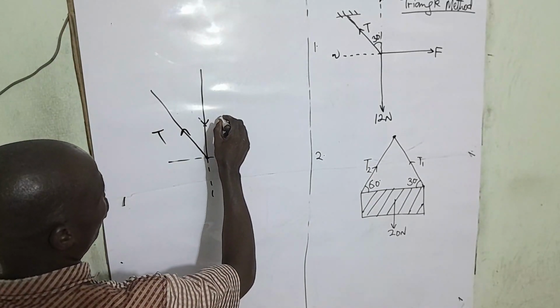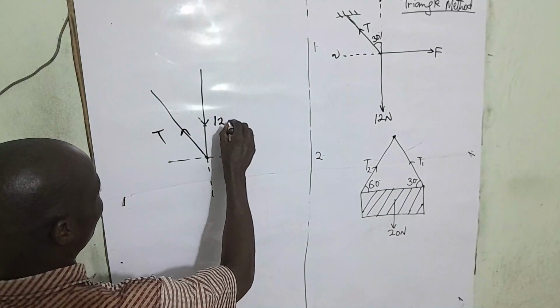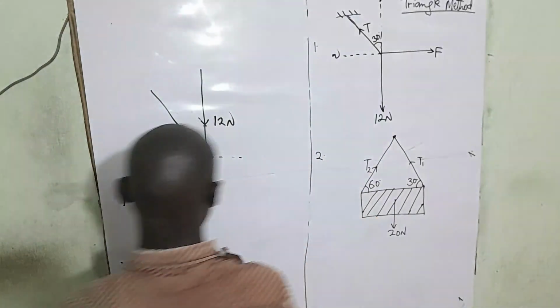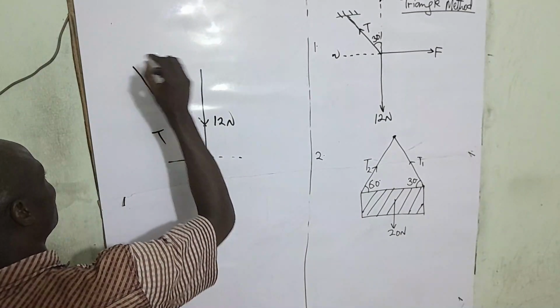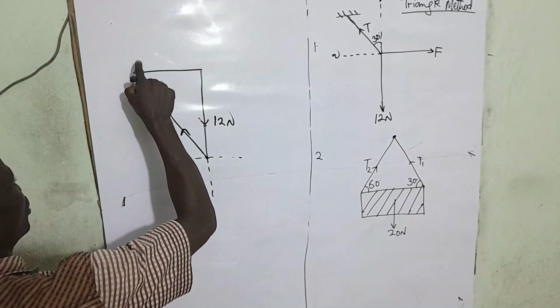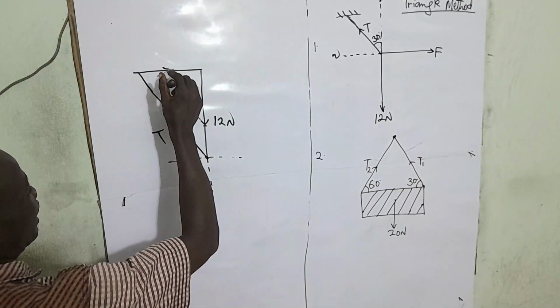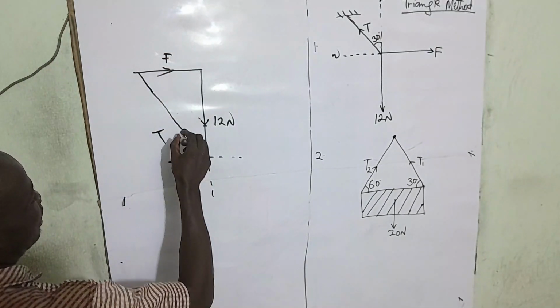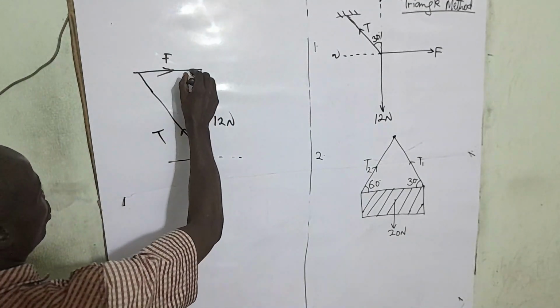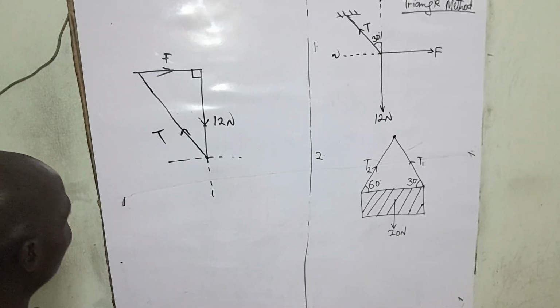This is our 12 Newton force. And then this other force is pointing eastward, so we are going to draw it this way. This represents F, this represents T, and this is the downward force, and this is the right angle.